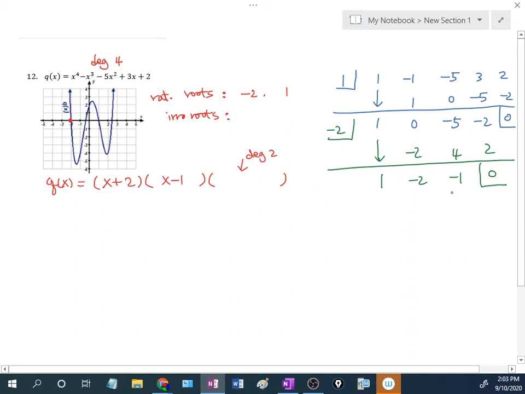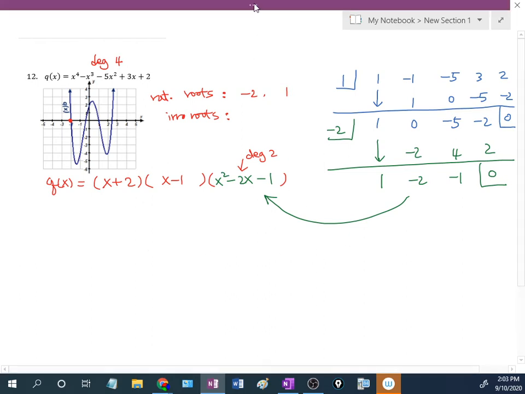So what would be the quotient from this result? X squared minus 2x minus 1, right? Is this a linear factor? No, this is a degree 2 factor, right? So I'd like to do one more time. How can I do that?